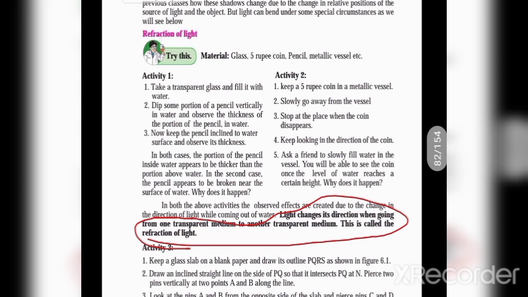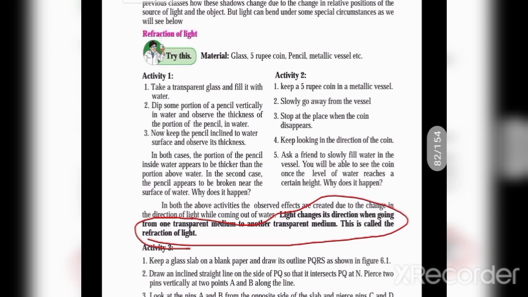Friends, in the board examination, there are questions on the same point, that is the refraction of light. What is meant by the refraction of light? It is defined as light changes its direction when going from one transparent medium to another transparent medium.